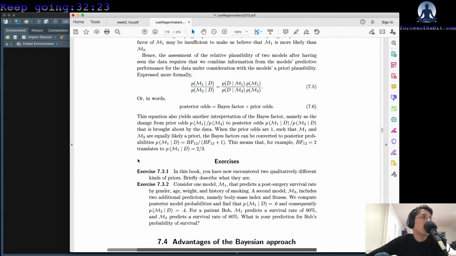For example, a Bayes factor of 2 translates to 2/3, because 1 plus 2 is 3, so it's 2 over 3 for the probability of a model given data.